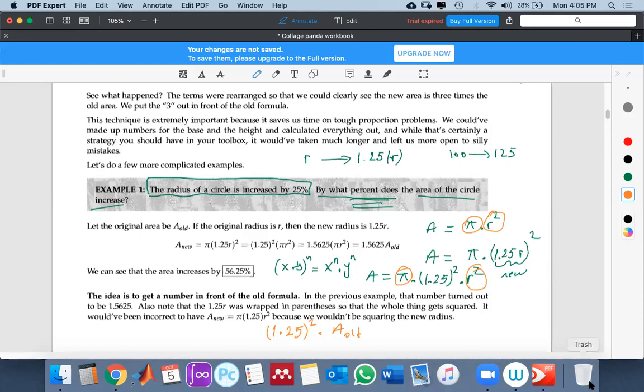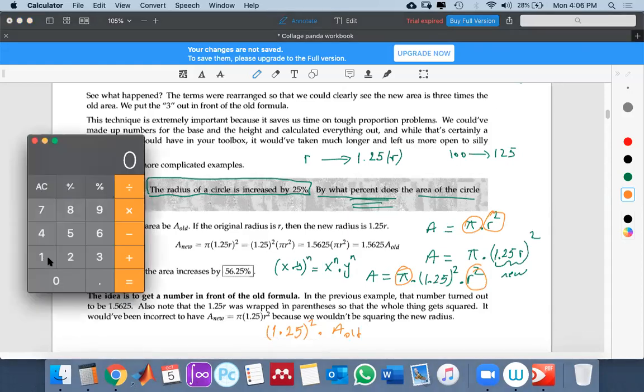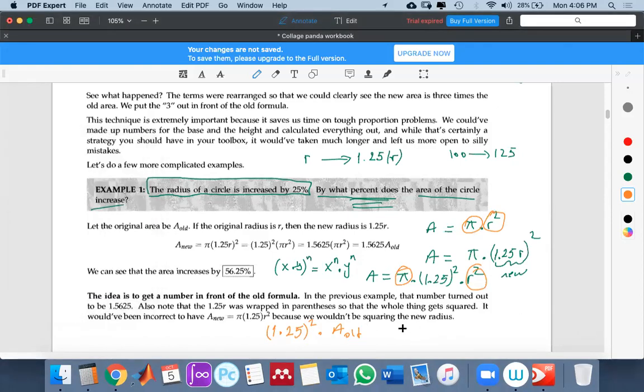Let me use the calculator. 1.25 times 1.25 is equal to 1.5625 times the old area.